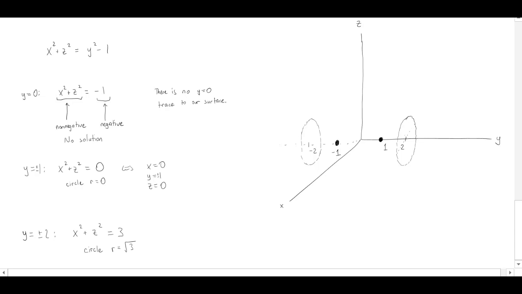So the pattern will persist, and you get larger circles as you go further and further out. If we connect everything together, you'll get a figure looking like this. As you go further out along the y-axis, the circles get bigger, so it's something like this.